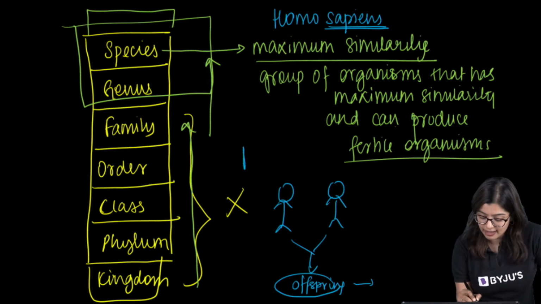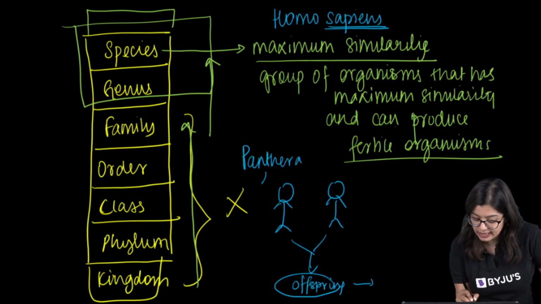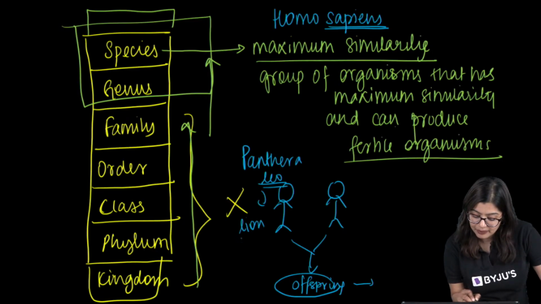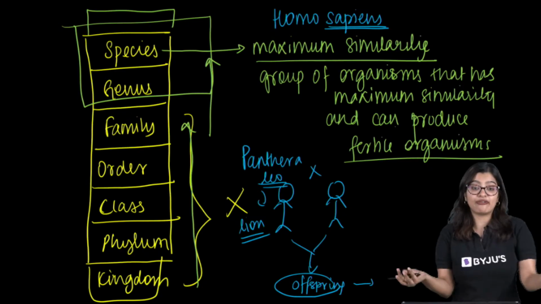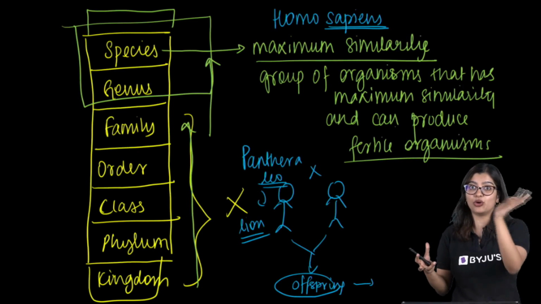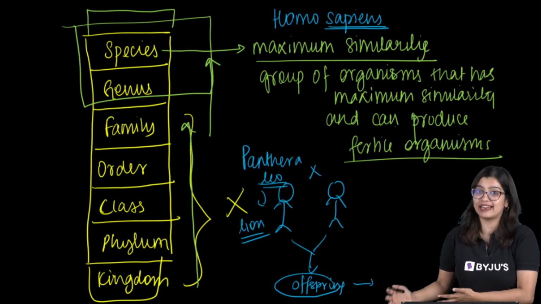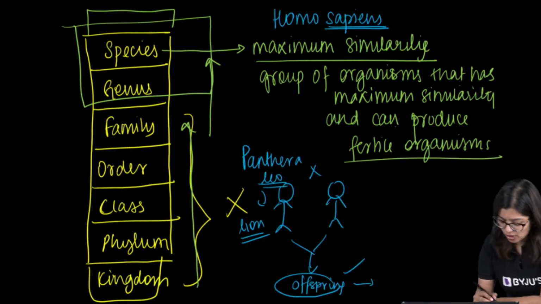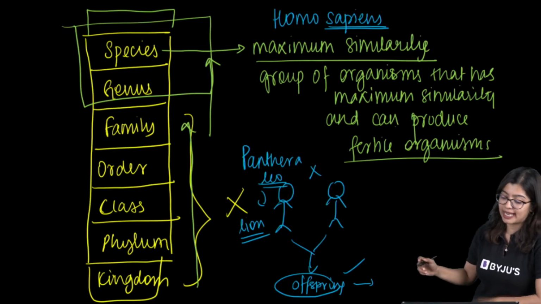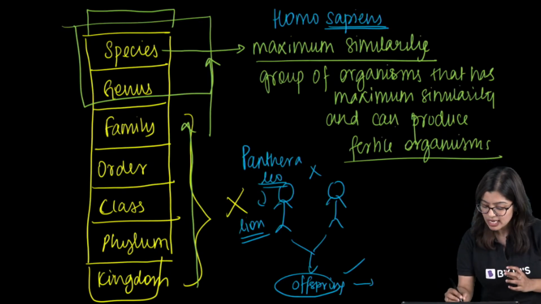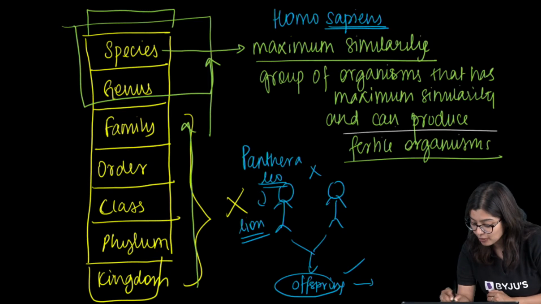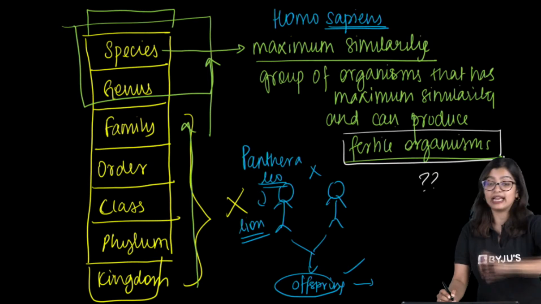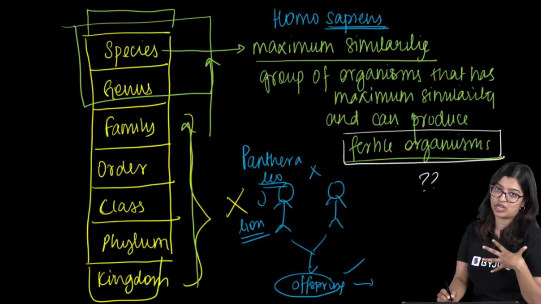Another example is Panthera leo, which is the lion. When a Panthera leo finds a female Panthera leo, or a lioness, it will give rise to baby cubs that can eventually go on, right? So a species is a group of organisms that have maximum similarity and can produce fertile offsprings. Why fertile? Because they need to reproduce or continue their generation.